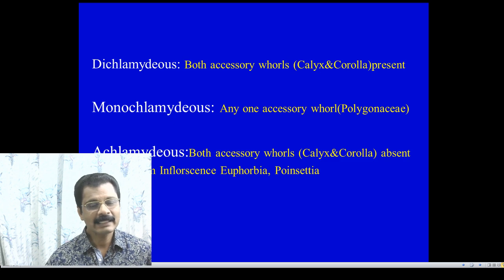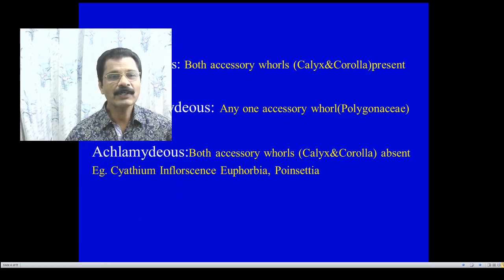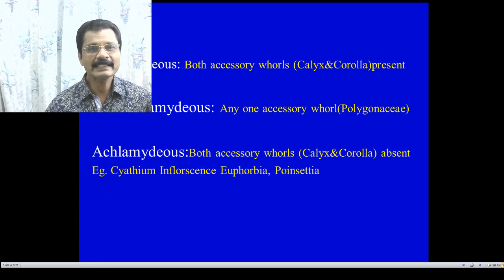If both accessory whorls are absent, calyx and corolla absent, such flowers are called achlamydeous.